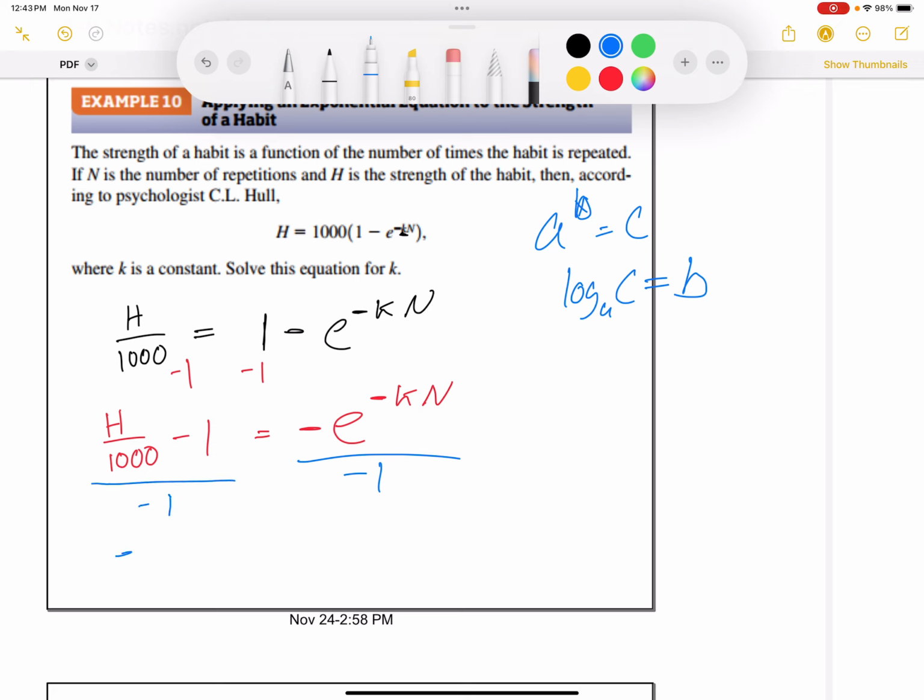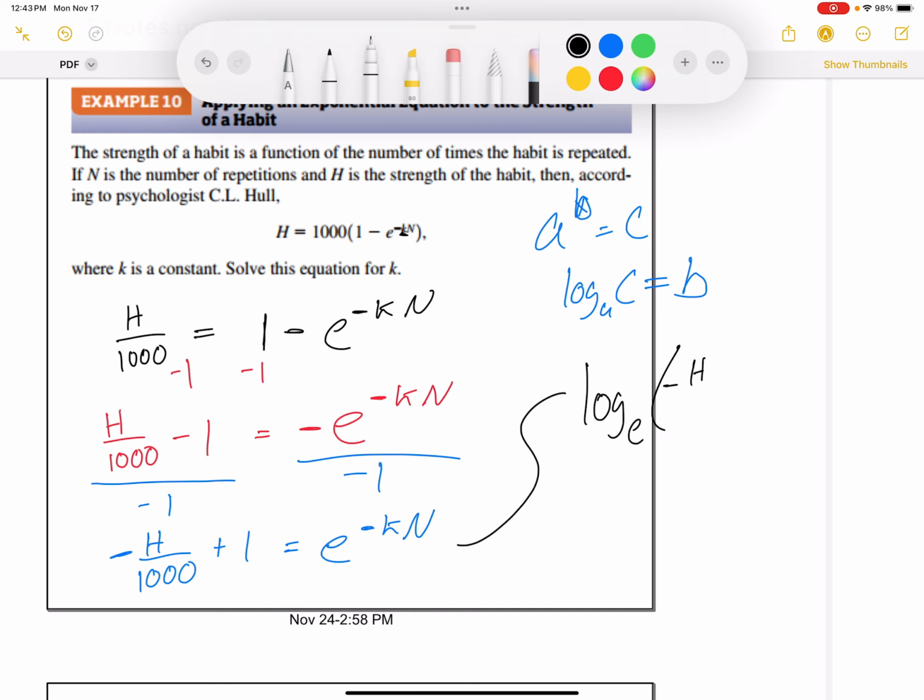That becomes negative h over 1,000 plus 1 is equal to e to the negative kn. This one's kind of getting weird on us. But now we're ready to switch forms and say log base e of negative h over 1,000 plus 1 is equal to negative kn.